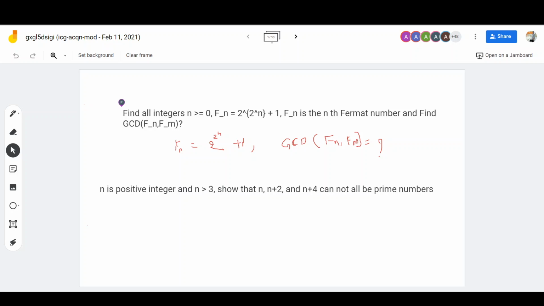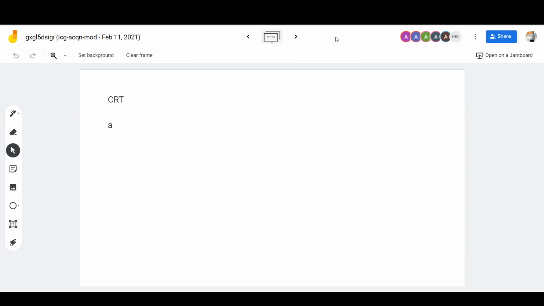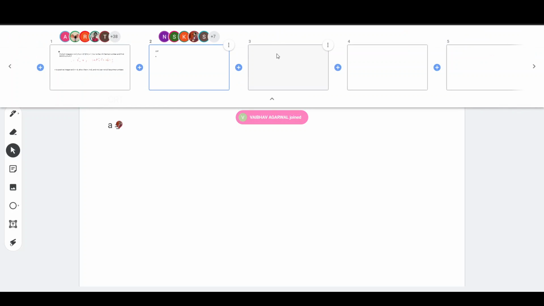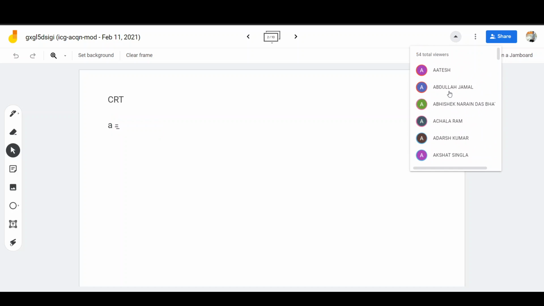Suppose A is congruent to, I can erase this one and write this one.